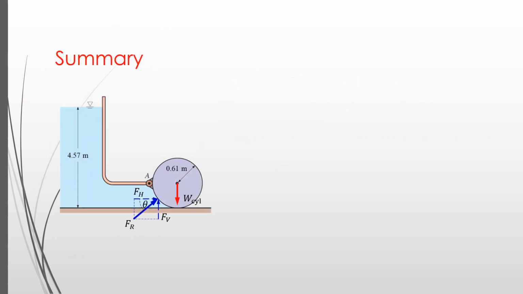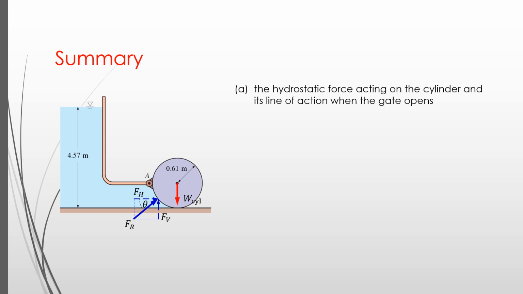Let's summarize. The first question is, we need to determine the hydrostatic force acting on the cylinder and its line of action when the gate opens. We obtain the hydrostatic force Fr equals 36,836.80 Newton or 36.84 kilonewton.